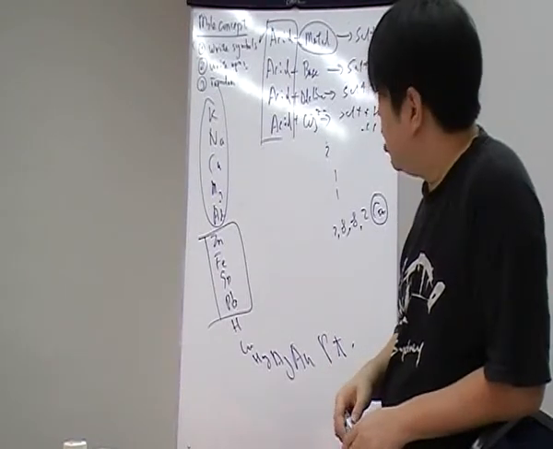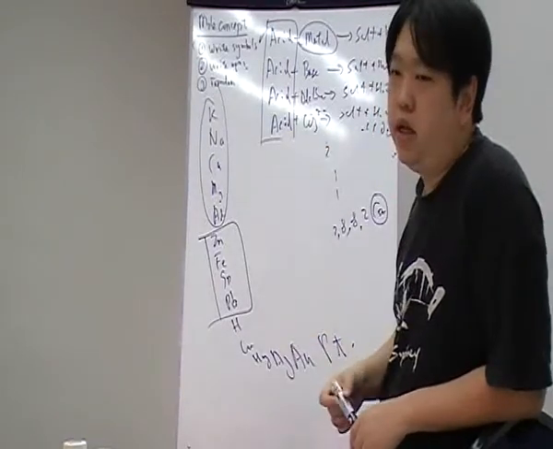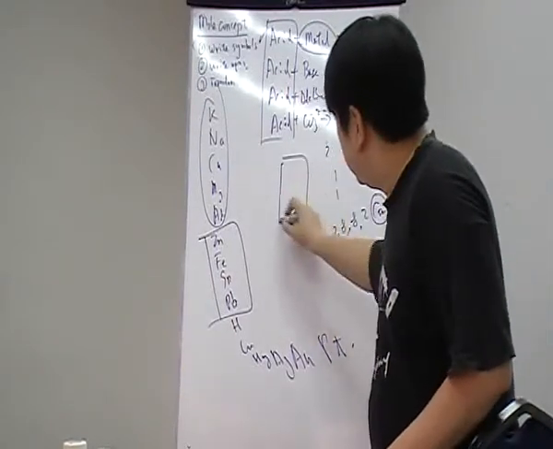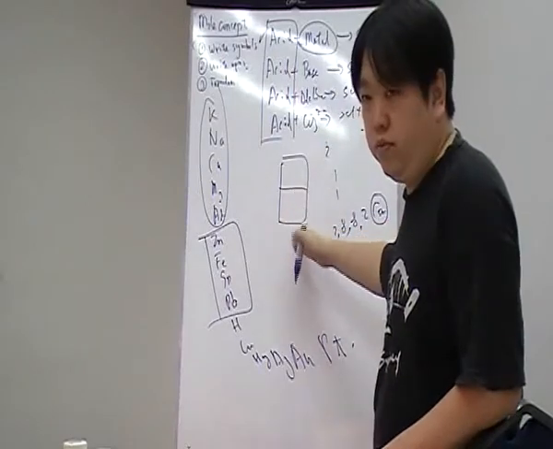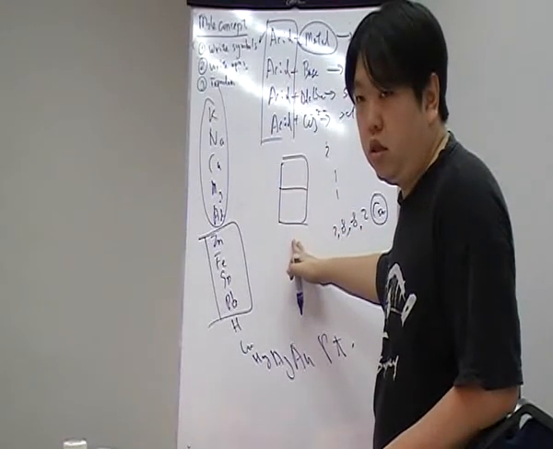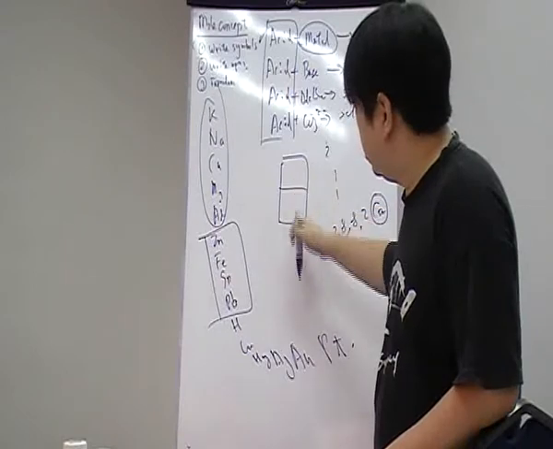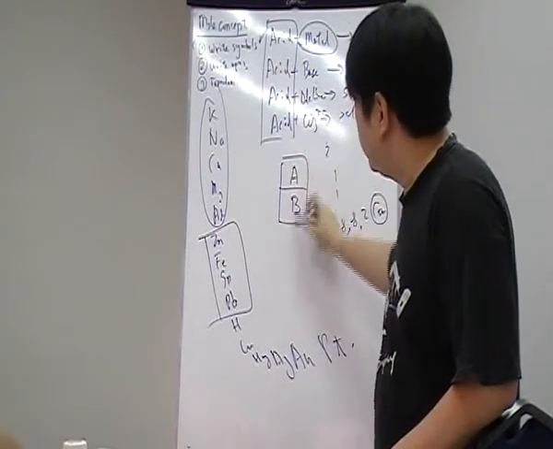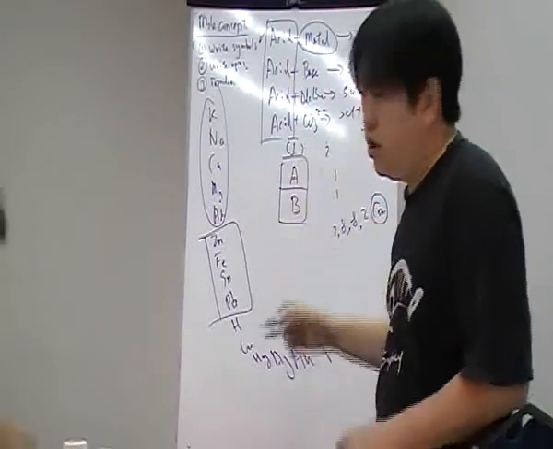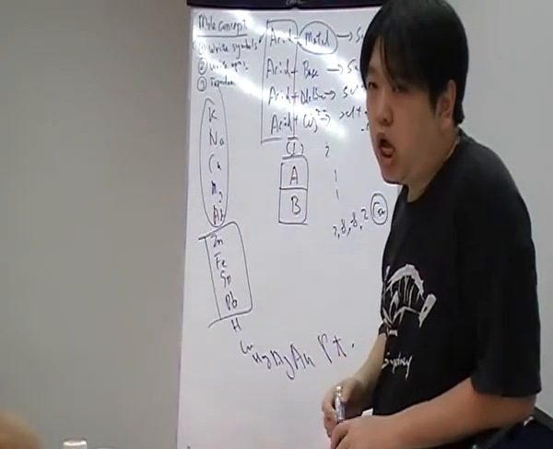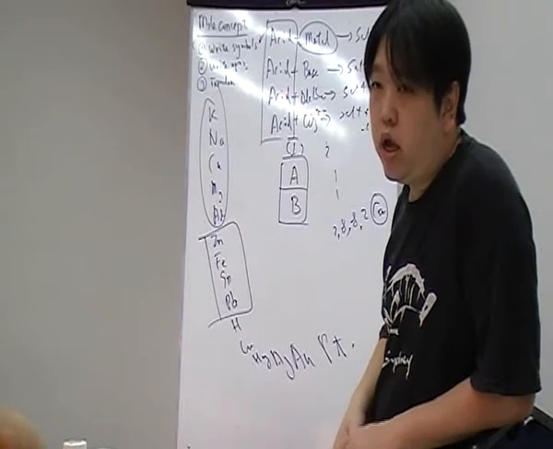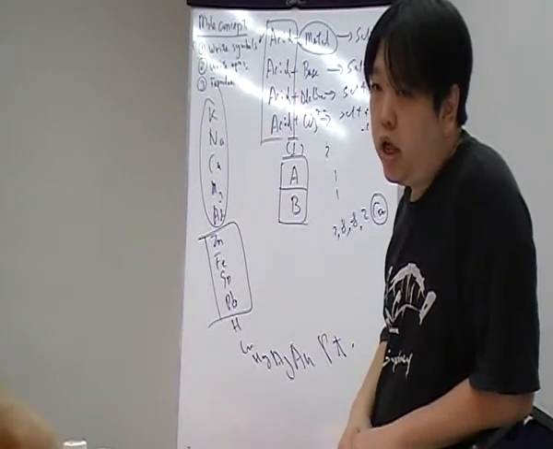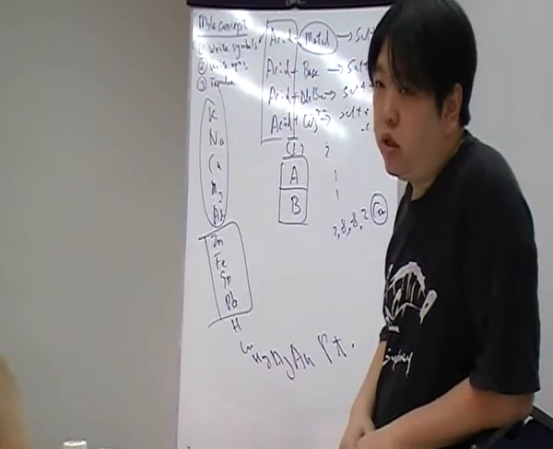So how do I know the reactivity series is like that? The idea is that if you have two elements, A and B, in the same column, let's say group 1, which is more reactive? A. Why? Because it's on top. Why? Because they put it on top.